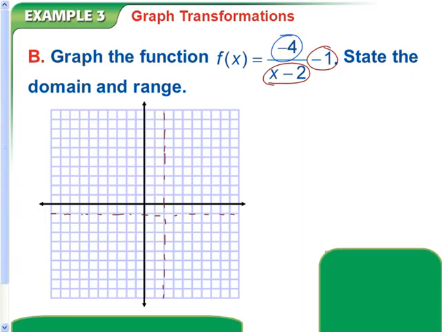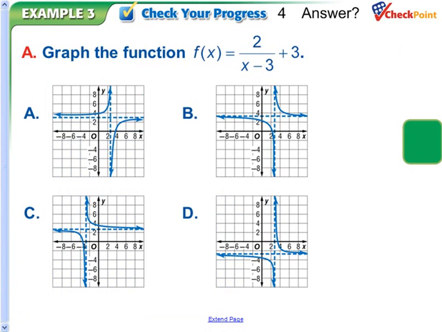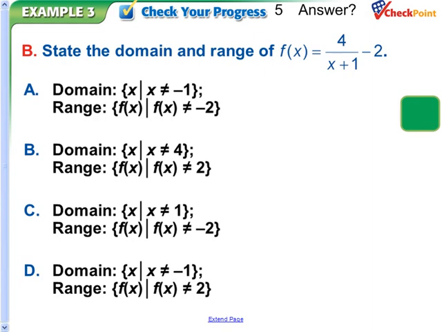Since it is negative, it's a reflection. So you start down here, you head on up, and you go like that. Again, the 4 would affect the dilation, but we're not overly concerned at this point about that. Okay, go to your left side and try out this problem. And this one.